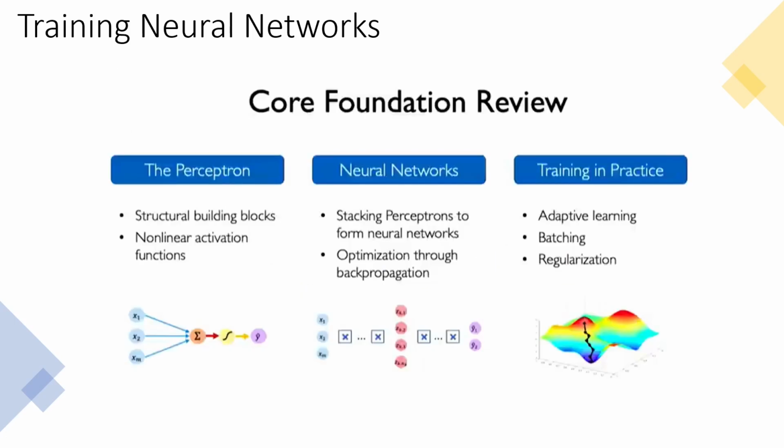Okay, so we have seen the concept of perceptron, that these are the structural building blocks, and they could just basically output zeros and ones, or we can use activation functions so that things are non-linear. We can stack perceptrons to create neural networks, and we can solve optimization problems with backpropagation.